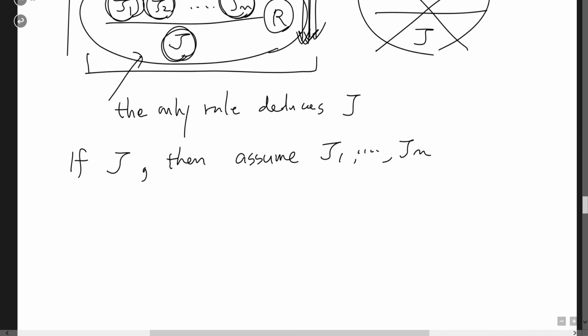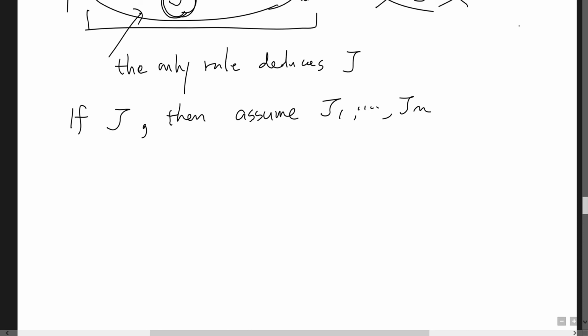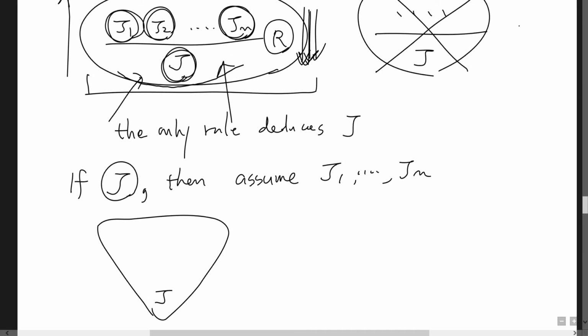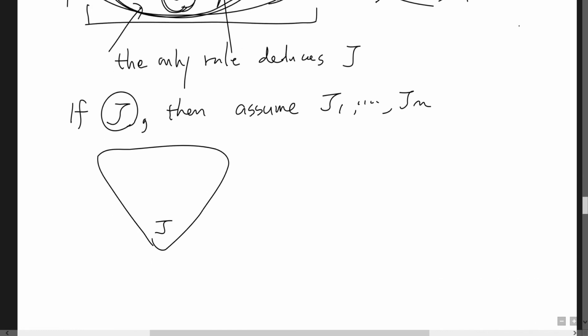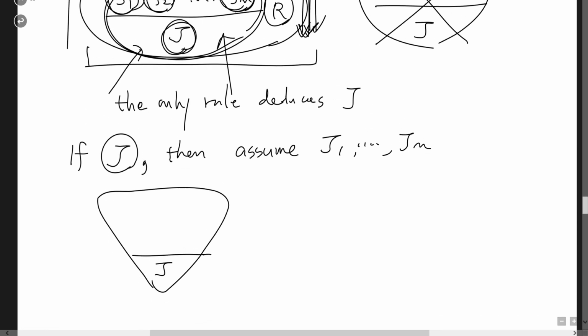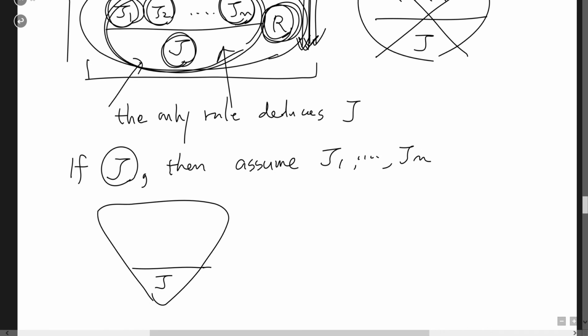This is because the existence of the proof of J allowed us to assume this derivation tree, because this is the only inference rule. So the last inference rule in this derivation tree must be this inference rule, because we assumed that this is the only inference rule that deduces J.